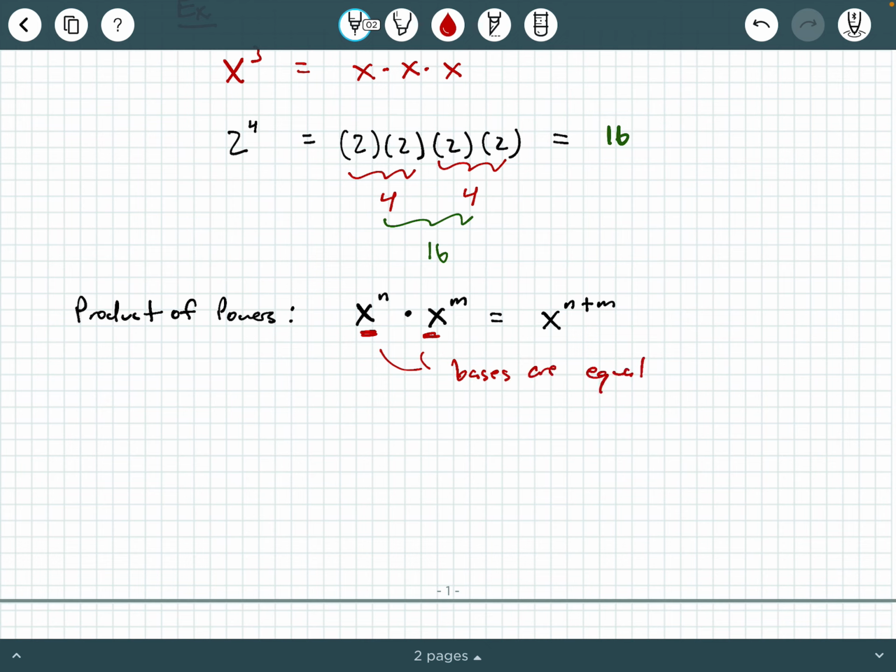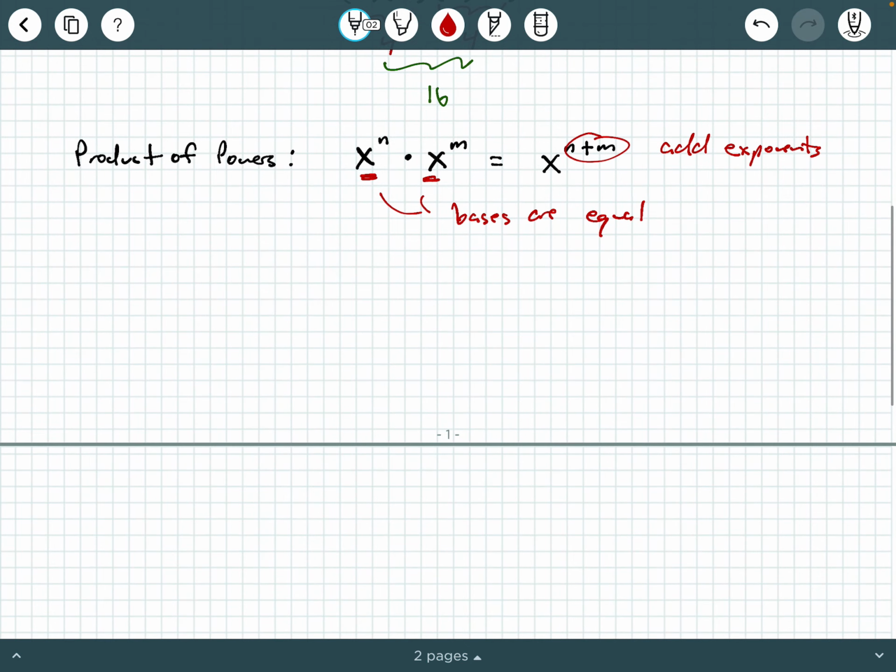So when you look at the product of powers, your bases are equal, and then you add the exponents. All right? So, for example, if you have x squared times x cubed, what do you get? Well, you get x to the 5th power because you add the exponents, okay?